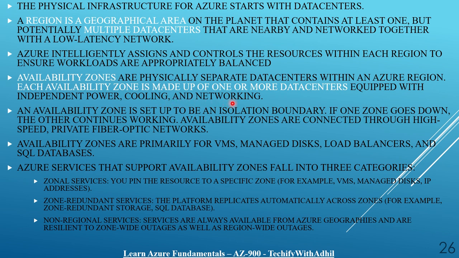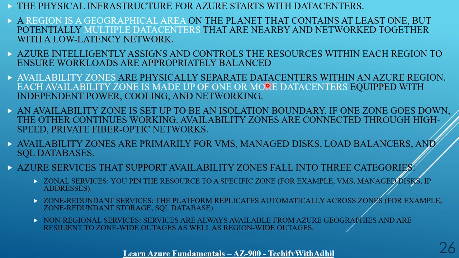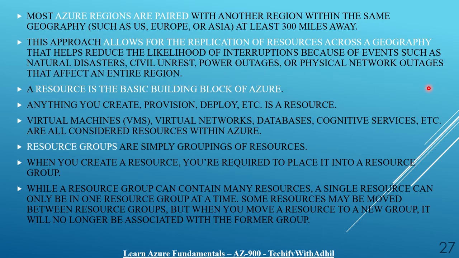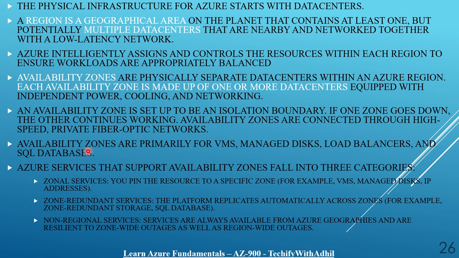So say we have a North American Azure region. We have different availability zones, and each availability zone is a physically separated data center with its own power supply, networking and cooling systems, and these data centers are connected.